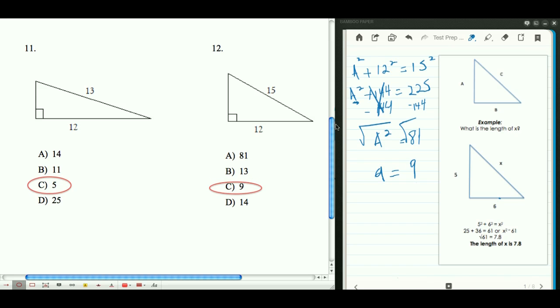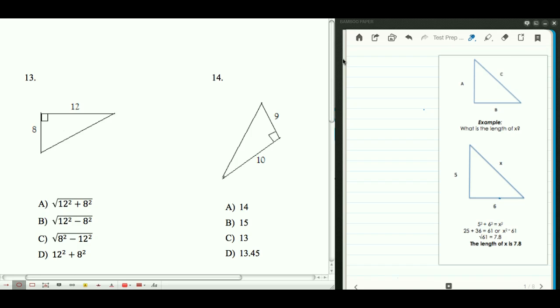All right, let's look at 13. Okay, so we have about 3 more problems to go until it finishes this lesson. So this one's pretty straightforward. We have a squared, it's going to be 144, plus b squared, 8 times 8 gives us 64. And we don't know what the long side is. What's c squared?